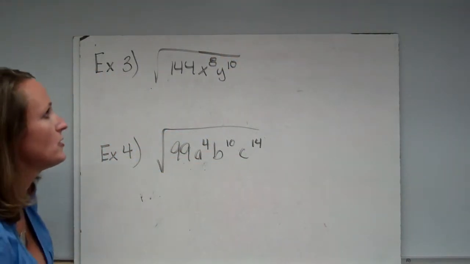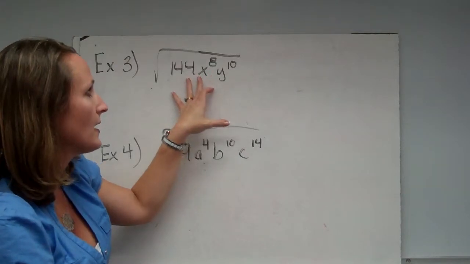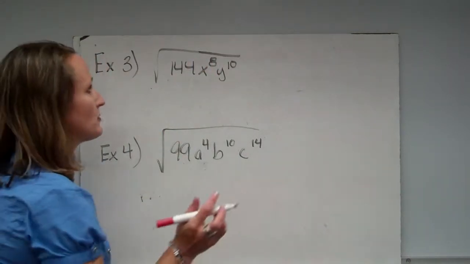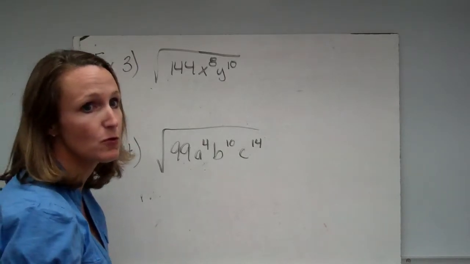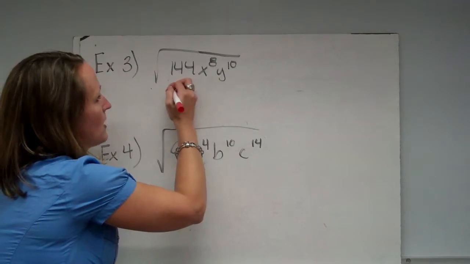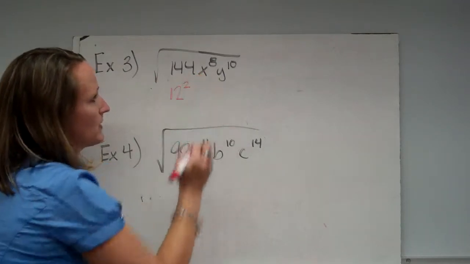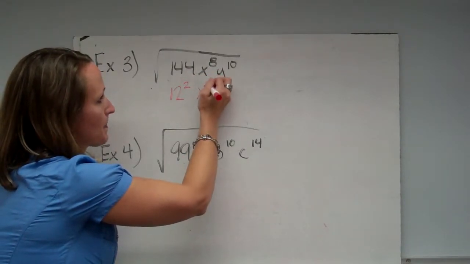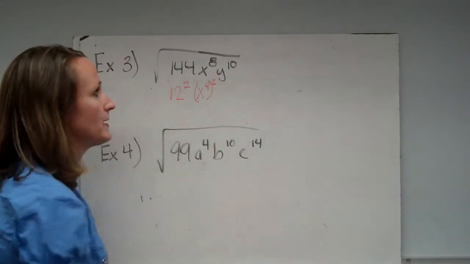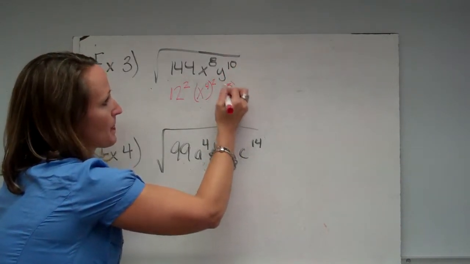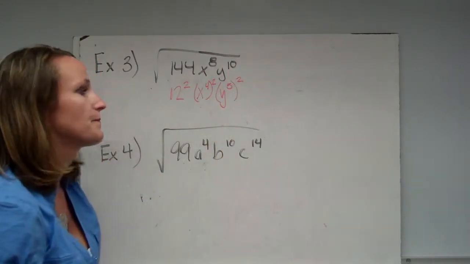Okay, 144, x to the 8th, y to the 10th. Remember, break down what is a perfect square. You could also do this with cube roots or fourth roots, but today we're just working with square roots. So this becomes 12 squared. This becomes x to the 4th squared. This becomes y to the 5th squared.